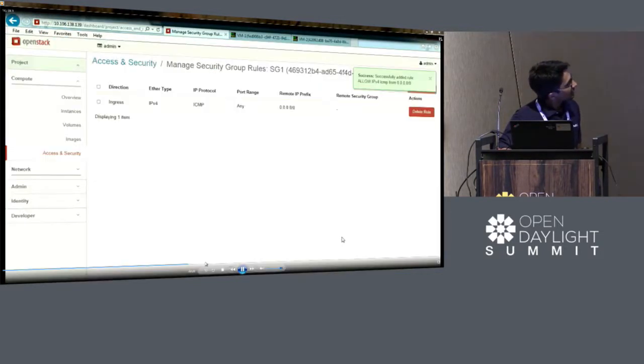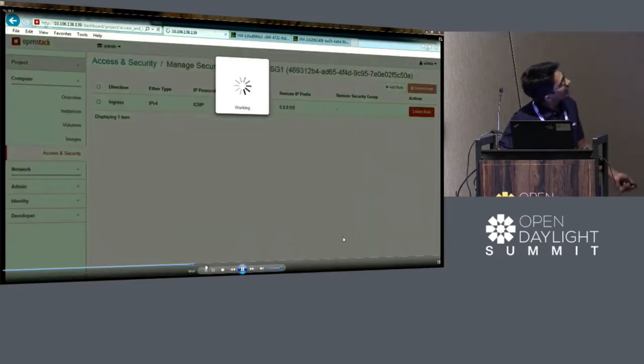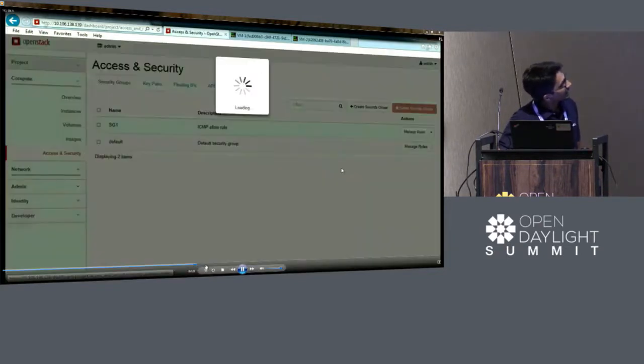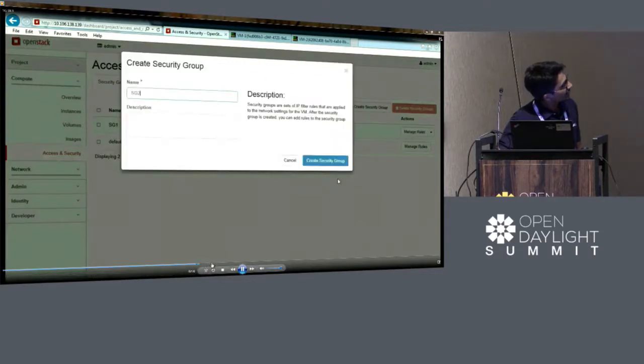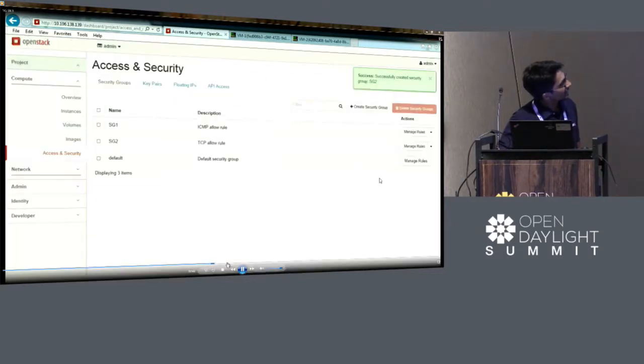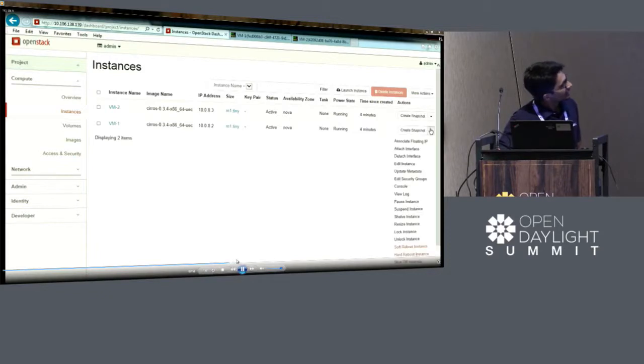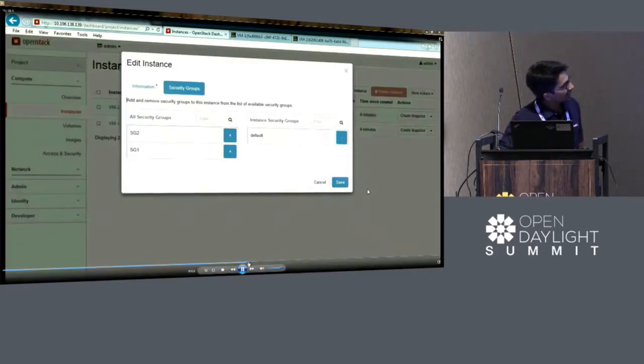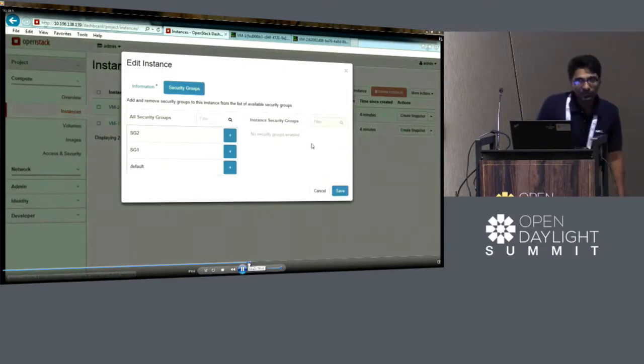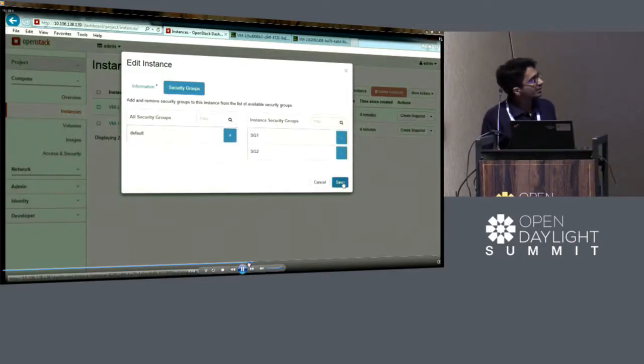Later on, with the recent release, we have added support where only after adding security rules, the new legacy network implementation will allow the VM to ping and other communication will be enabled.